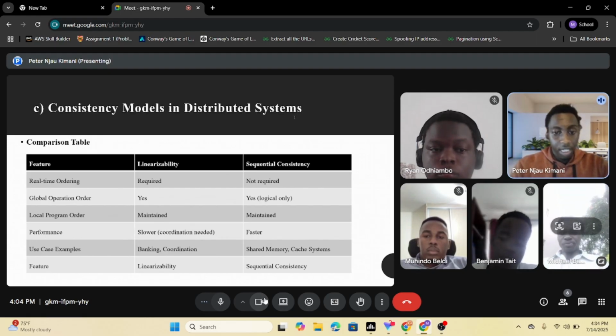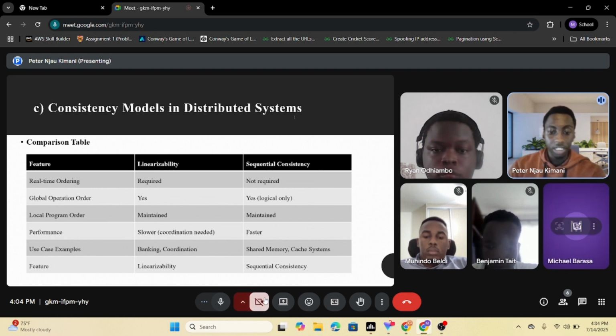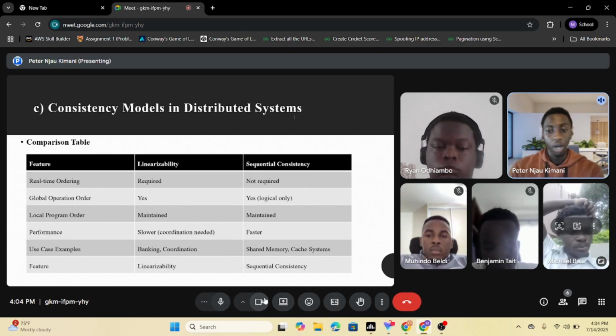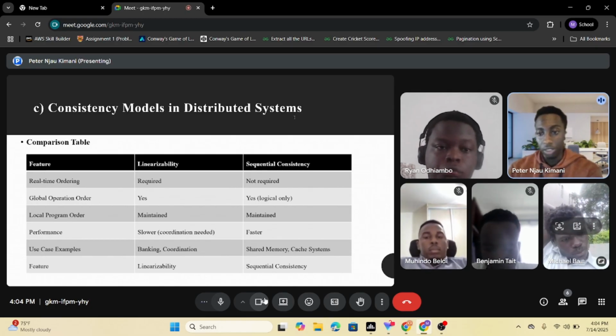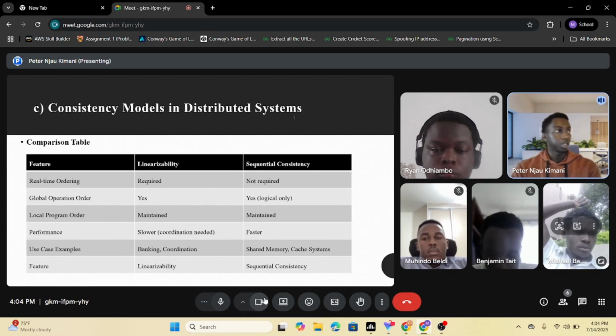As for performance, linearizability is slower. This is because it needs coordination to work, and sequential is relatively faster. So use cases for linearizability are banking, coordination, and even leader election. As for sequential, it's shared memory and cache systems.